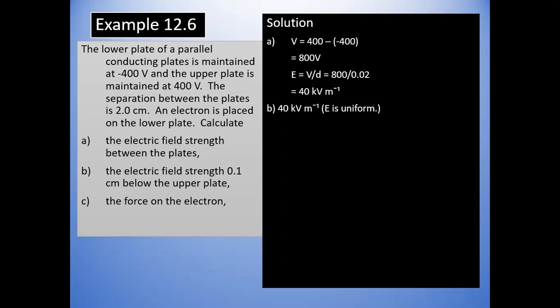Okay, what's the force on the electron? If you have done your homework, you should be able to remember the force formula.